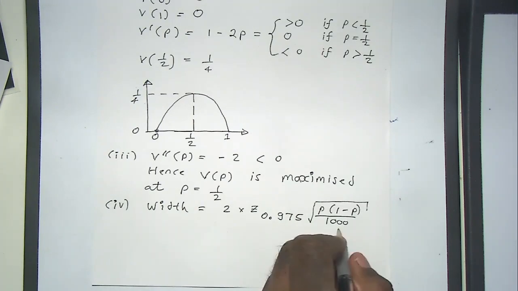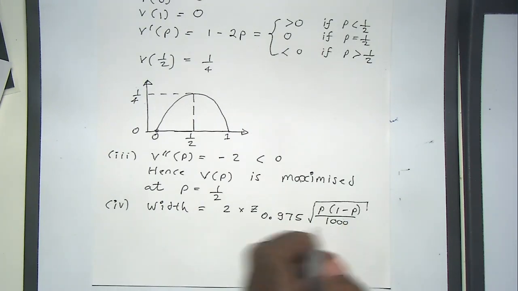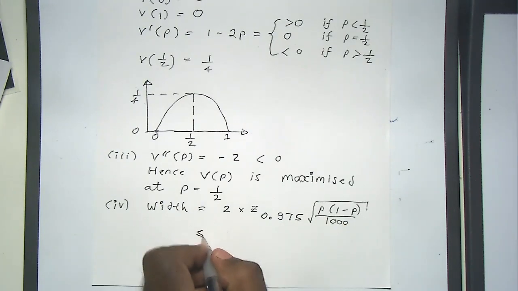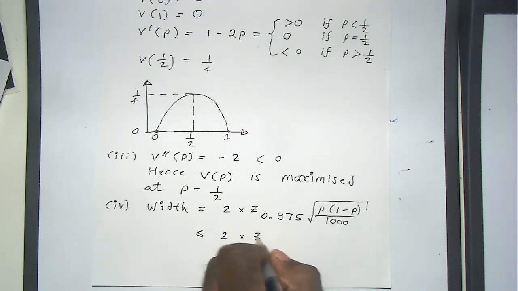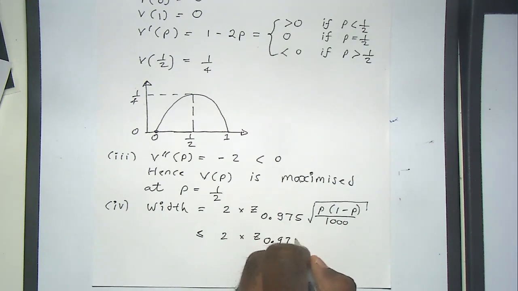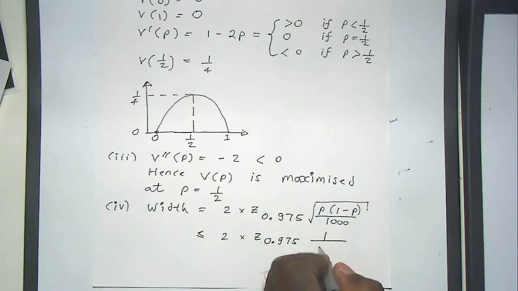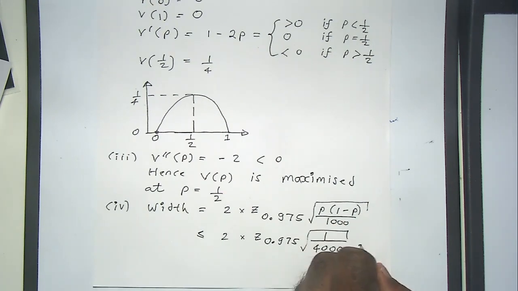Now for the upper bound, because p times 1 minus p is less than or equal to a quarter, this would be less than or equal to 2 times z 0.975 times the square root of a quarter divided by 1000. This is the answer. Do you follow what I've done, guys? Because the confidence interval is 95%, this becomes 0.975, right?